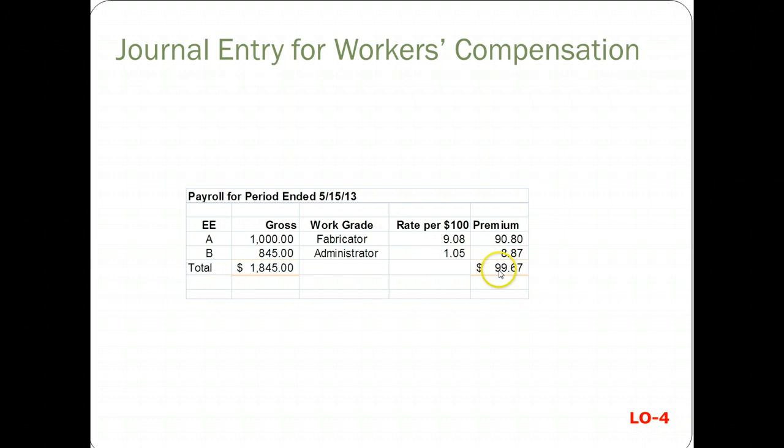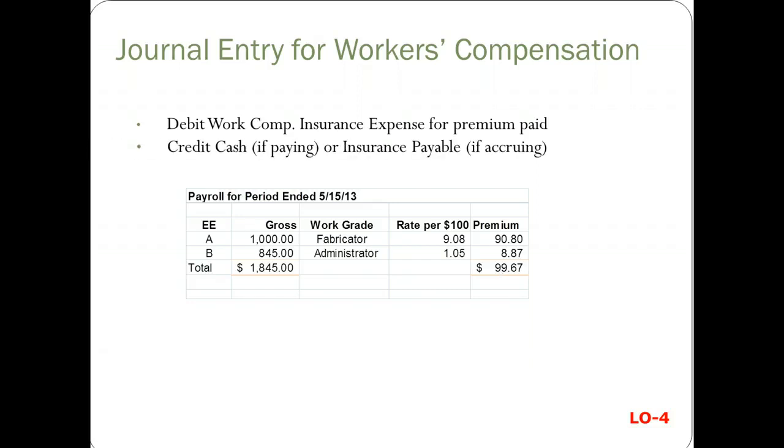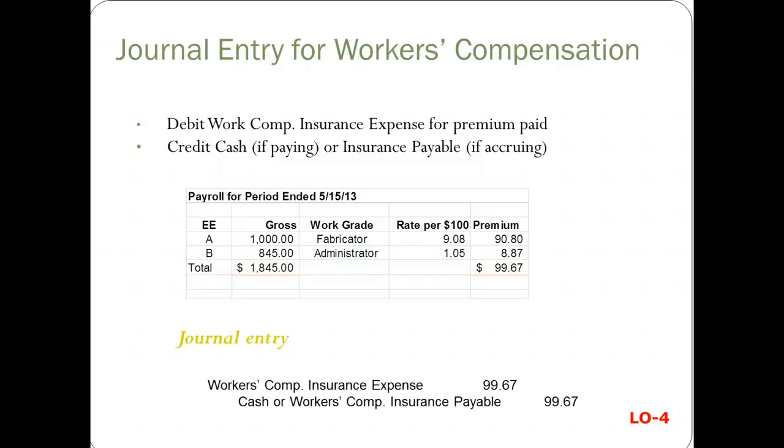So this is what they would have to pay in, and you would debit the workman's comp insurance expense for the premium paid, and then credit cash if you're going to pay, or insurance payable if you are accruing it. And that's what the journal entry would look like.